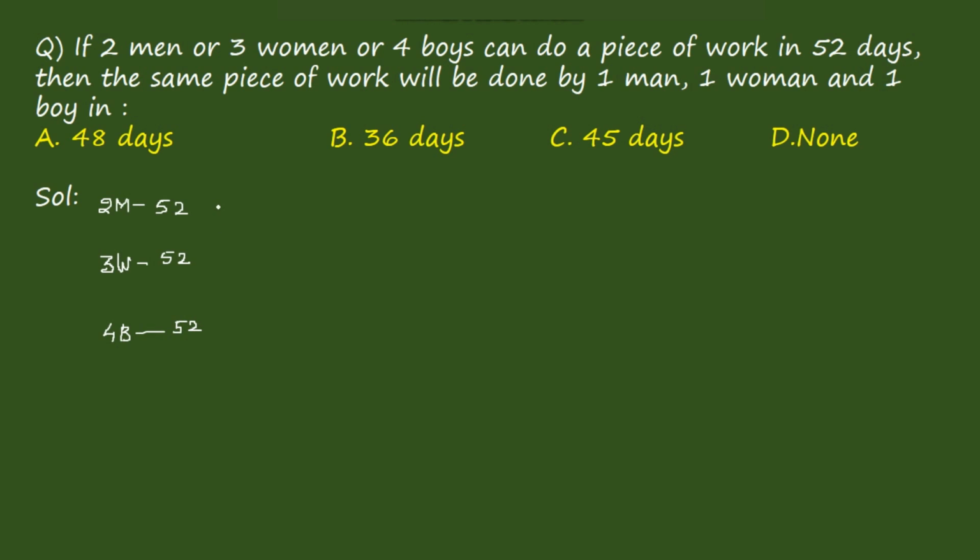Then 1 man 1 day work is equal to 1 by 2 into 52. Here 1 woman 1 day work is equal to 1 by 3 into 52, and 1 boy 1 day work is equal to 1 by 4 into 52.